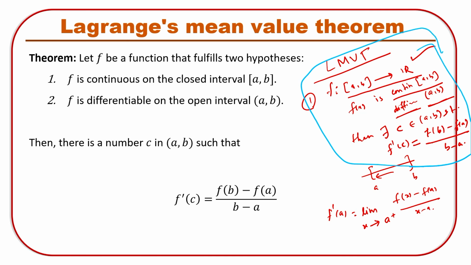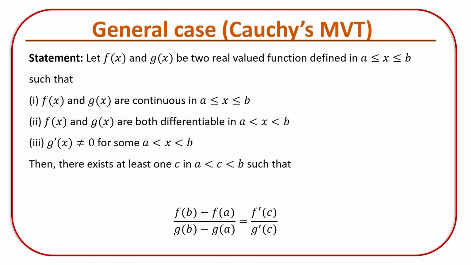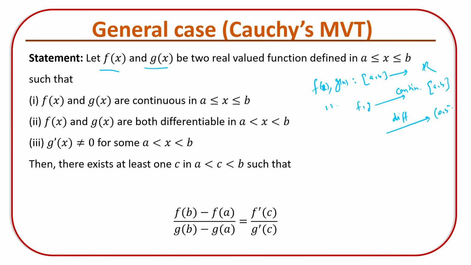Similarly, if you remember the Cauchy mean value theorem, in which we used two functions. So let f of x and g of x be two real valued functions from [a, b] to R, such that f and g both are continuous in the closed interval [a, b] and differentiable in the open interval (a, b).